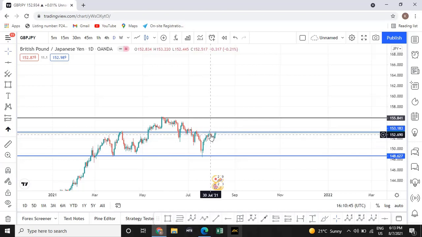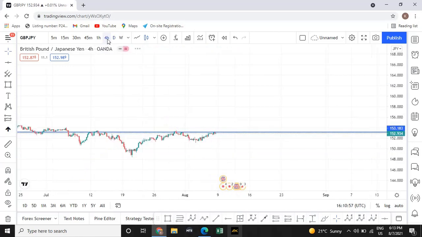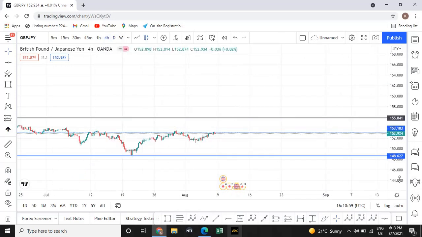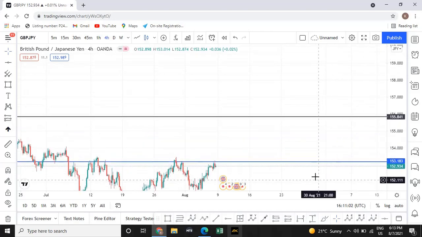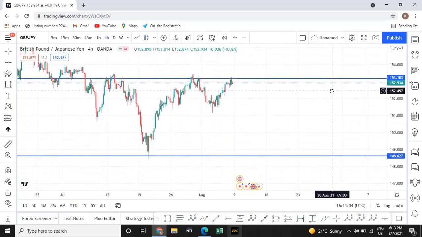This is our previous highest and this is the previous lowest. So now we're going to move to a smaller time frame and draw our lowest and highest to identify the zones.